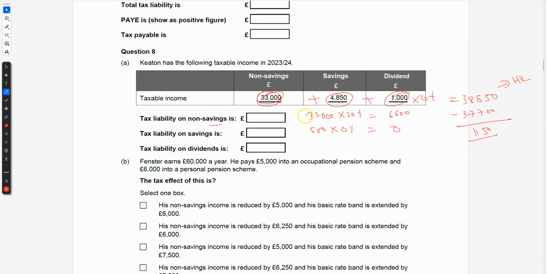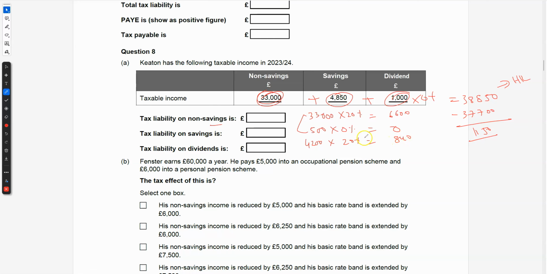How much do I have here? 33,500. I need to minus that from 37,700 to see how much of the basic band remains. So I have 4,200 left, and I still pay 20% here, and that gives me 840.